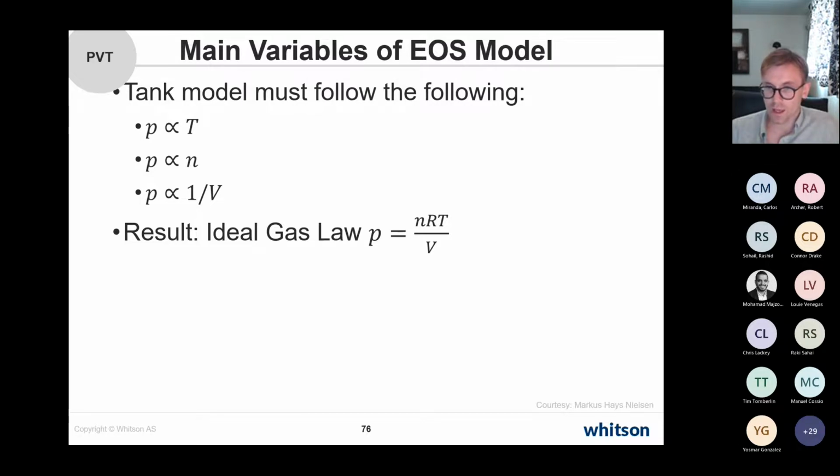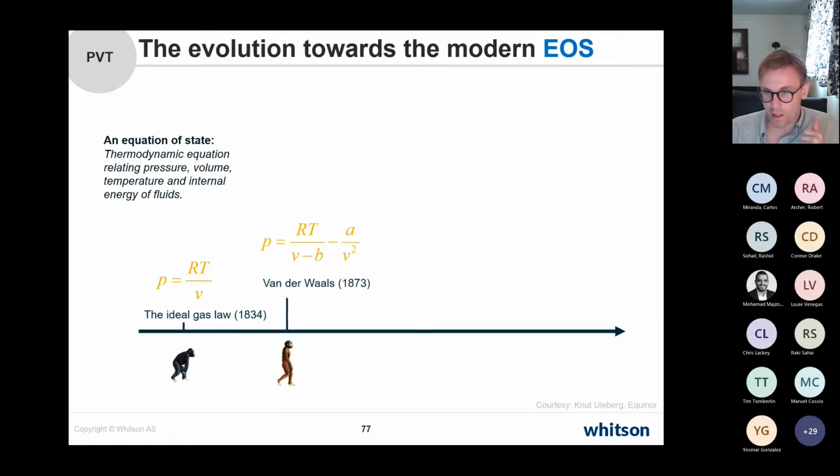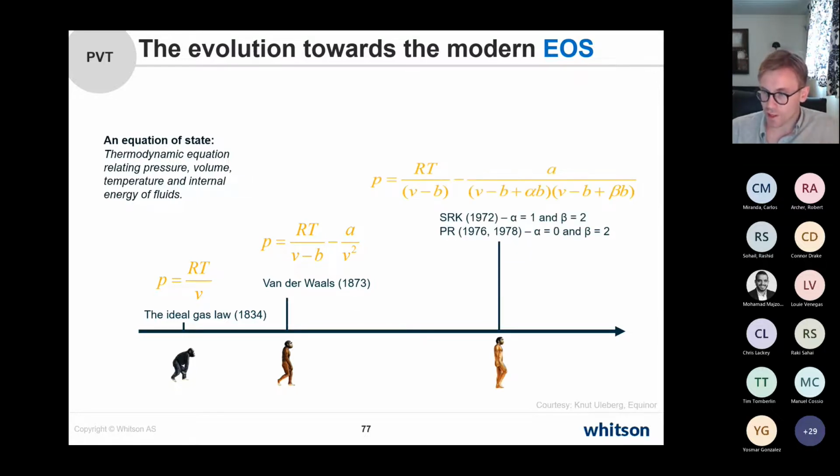And the types of equations of state that we use in the industry today are just more complex versions of that. The ideal gas law was introduced sometime in the 1800s. Then we got the Van der Waals equation a little bit later, for which I think he got a Nobel Prize. And then two petroleum engineering specific equation of state models were made for the oil and gas industry, the so-called SRK equation of state and the so-called Peng-Robinson equation of state.